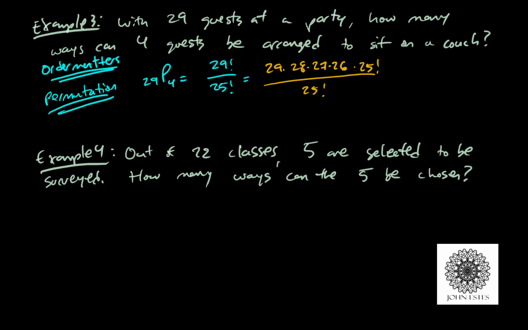All of the tail end is actually 25 factorial, and it's going to cancel out very nicely for us. And so now I just need to multiply 29 times 28, 27, and 26, and I get 570,024. That's how many ways you can arrange 4 of the 29 people on a couch.